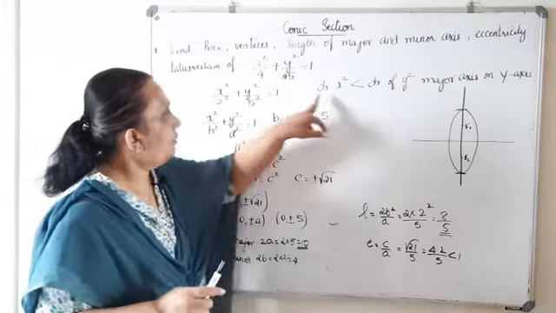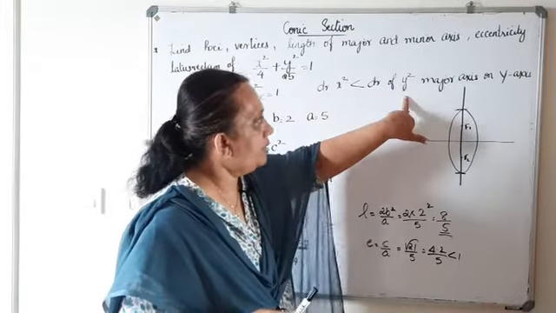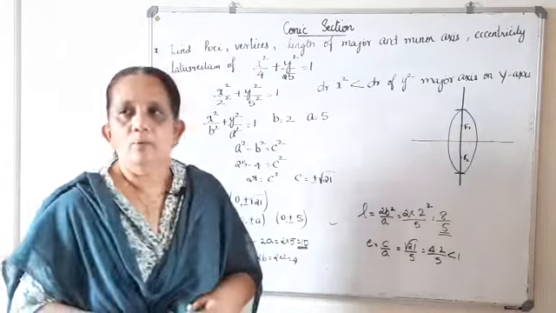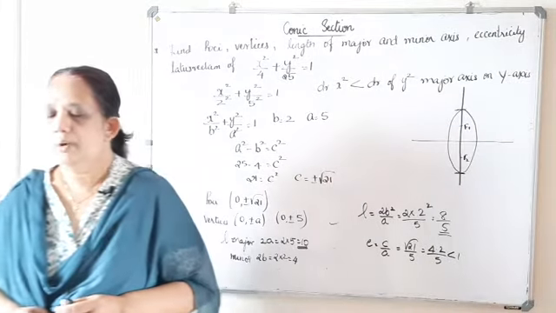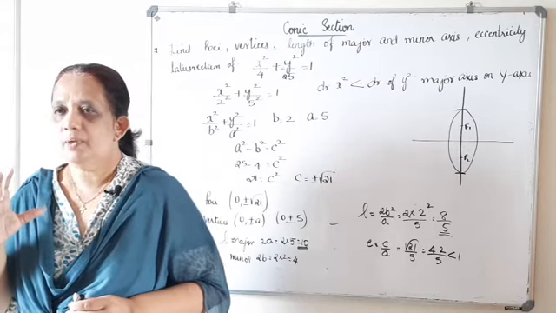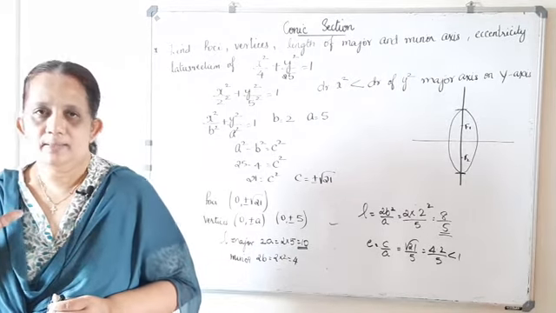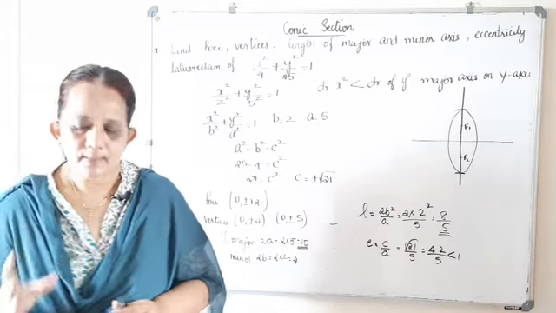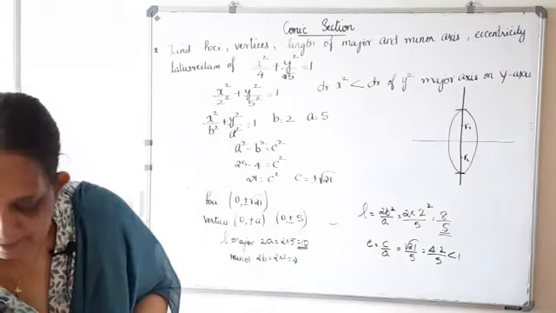If the denominator of x squared is less than the denominator of y squared, the major axis is on the y axis. And one more thing you have to notice: the ellipse is symmetric with respect to the x axis as well as the y axis.